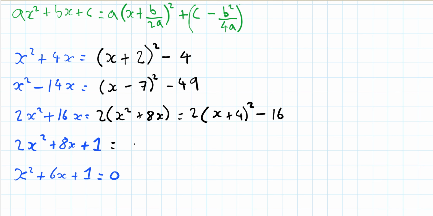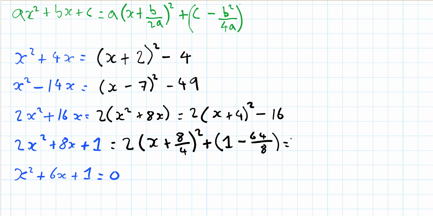Okay, next up, here, so we're going to do 2 times x plus 8 over 4 all squared plus c, which is 1, minus b squared, which is 64, divided by 4 times a, which is 8.